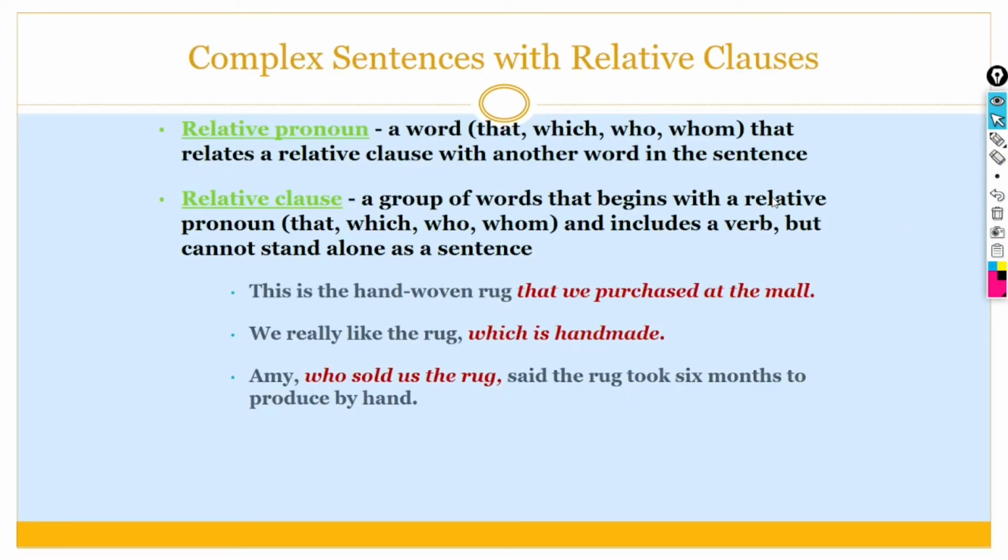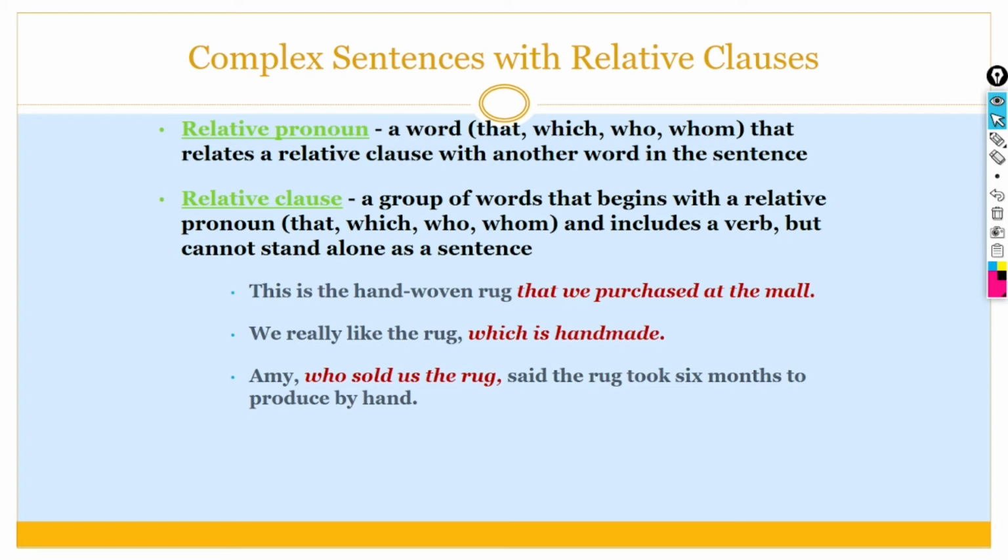Next, complex sentences with relative clauses. First, what is a relative pronoun? That, which, who, whom: words that relate a relative clause to another word in the sentence are called relative pronouns. Based on relative pronouns, we construct relative clauses.